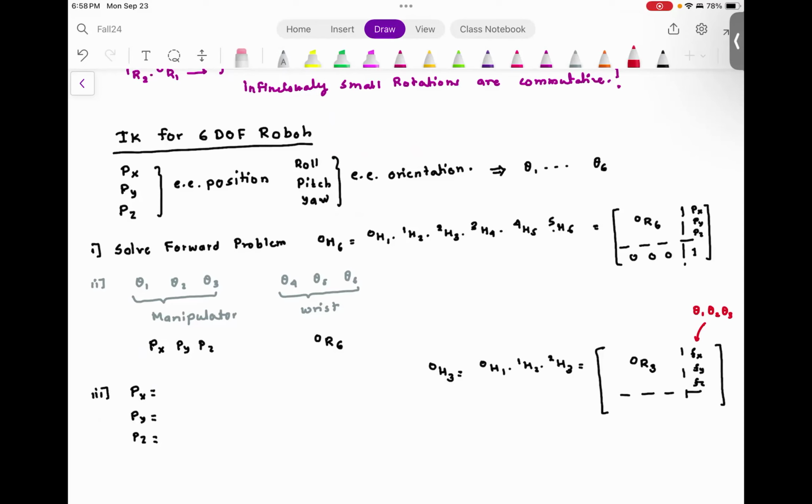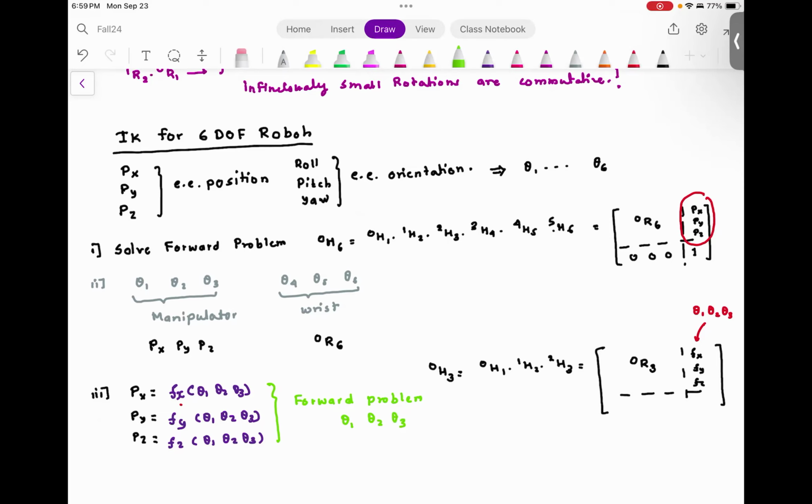So I'm going to write down Px, Py, Pz as f of x, theta 1, theta 2, theta 3, f of y, theta 1, theta 2, theta 3, f of z, theta 1, theta 2, theta 3. Please note, I got these by solving forward problem for theta 1, theta 2, and theta 3. Everyone understood this?